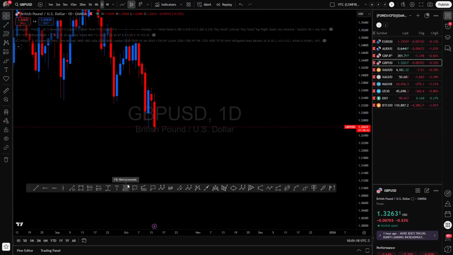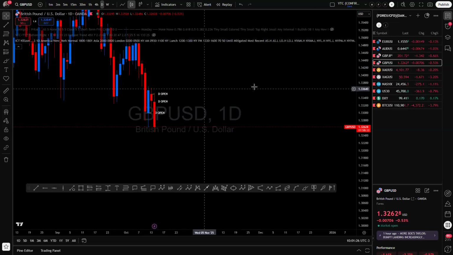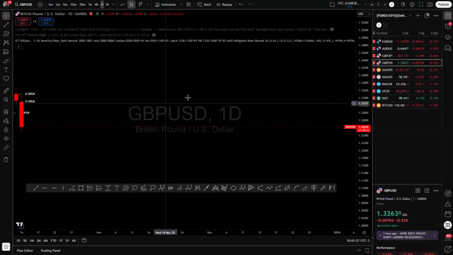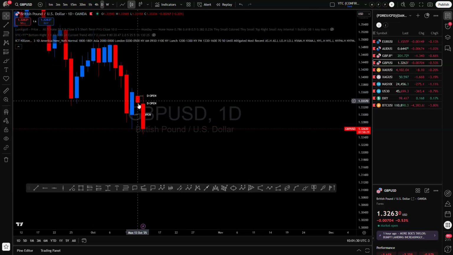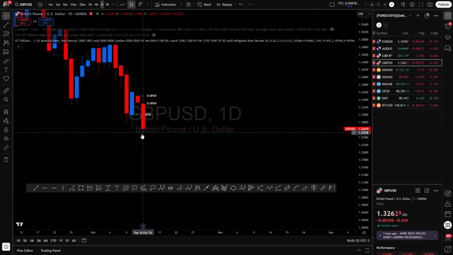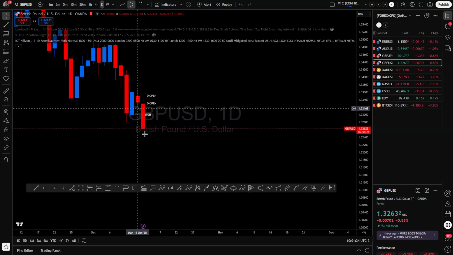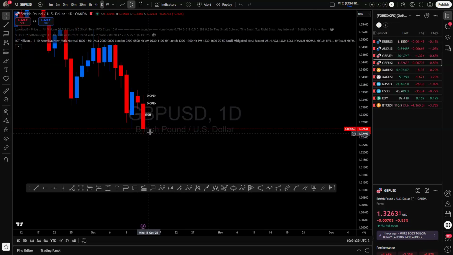So we're talking about accumulation, manipulation, and distribution, okay? So we're going to turn on our kill zone indicator. And you can see, if we zoom in here, that price opened below this candle, okay? So this candle wiped this previous low here, letting us know that we got some very, very strong bearish volume here.